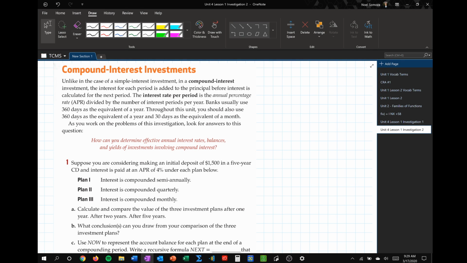All right, so unlike in the case of a simple interest investment, in a compound interest investment, the interest for each period is added to the principal before interest is calculated for the next period.